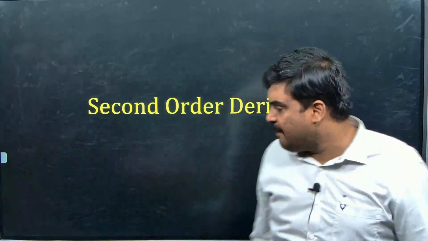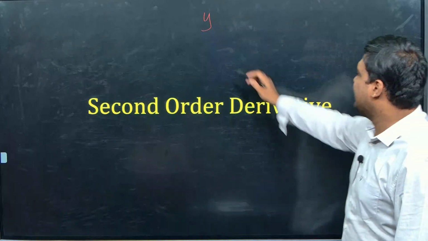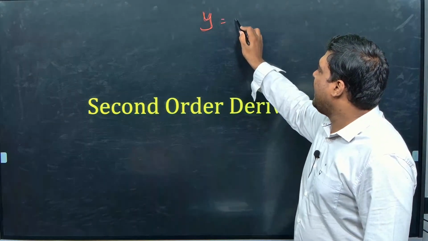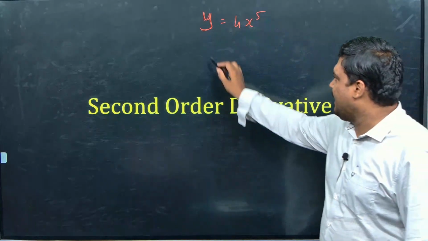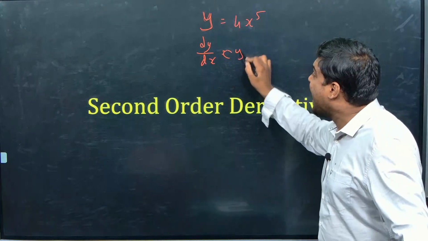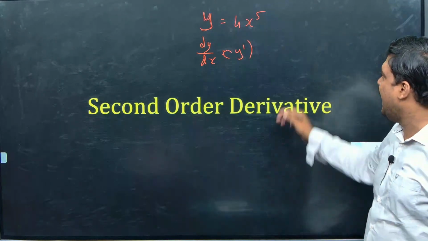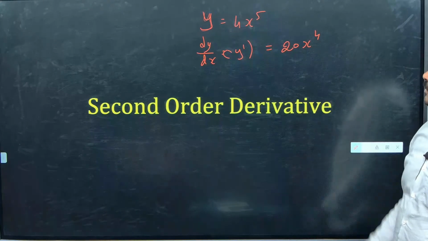Nothing more. Now see, I will take y is equal to 4x power 5. First order, that is dy by dx, in other words y dash. Differentiating once, this will become 4 5s are 20x power 4.